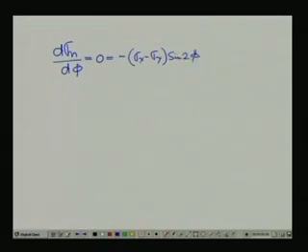sine 2 phi plus, we are getting this as sine 2 phi, minus 2 tau x y cos 2 phi.